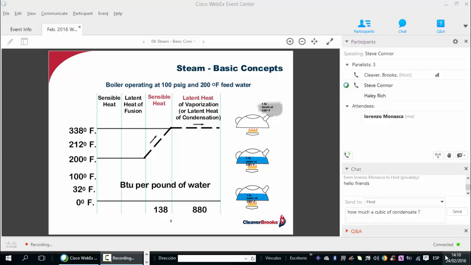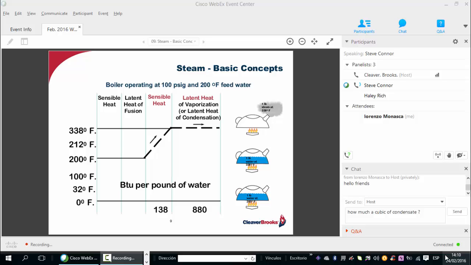Now, to get a handle on how the energy-saving piece works, I think it's good to revisit how a pound of steam is formed. For brevity purposes, I'm going to start with feed water coming into the boiler at 200 degrees Fahrenheit, and the boiler operating pressure at 100 pounds per square inch gauge, 100 psig.